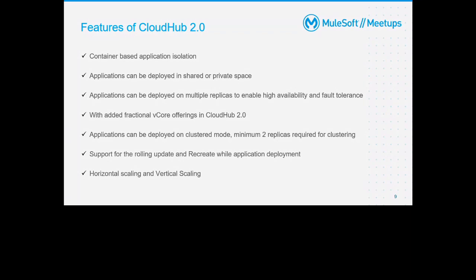The second one is recreate, which means first it will delete the existing replica, then it will redeploy the new replica of the application. This will create some minimum downtime while deploying the applications. When we go with the rolling update, it requires more vCores. For example, consider I have one replica running on one vCore of size. With rolling update, the first replica is already running on a single pod.